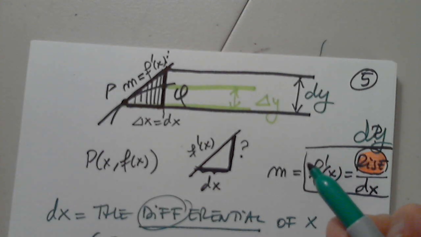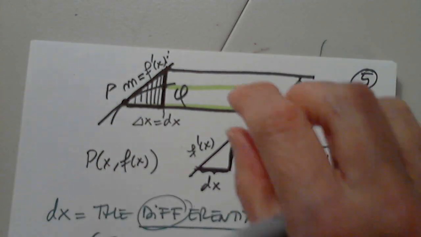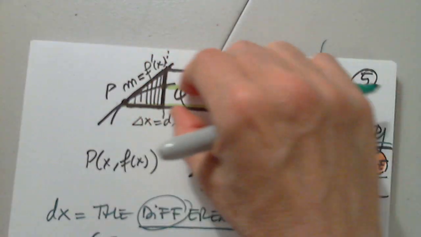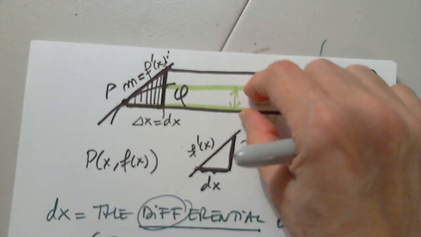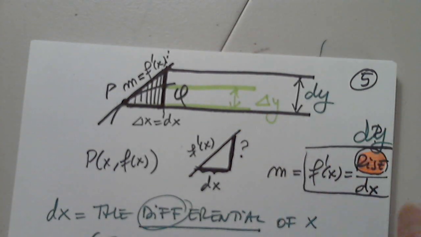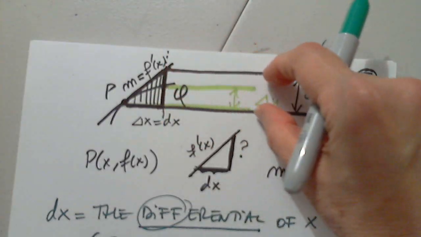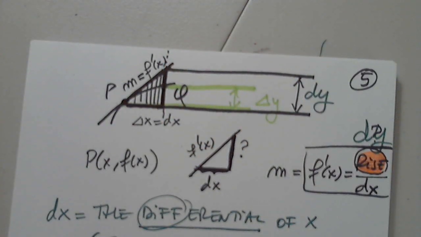Same thing here. Because Q is very, very close to P, if I determine the exact change, which is delta y, with f of x plus dx minus f of x, it's going to be very, very close to dy, which is the differential of y.